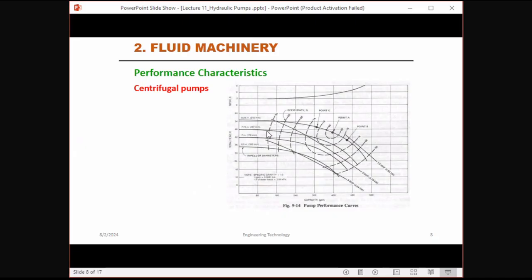These are efficiency curves, and these efficiency lines help identify the efficiency of the pump at various operating conditions. And 80%, 70% efficiency. Okay, here 74%.